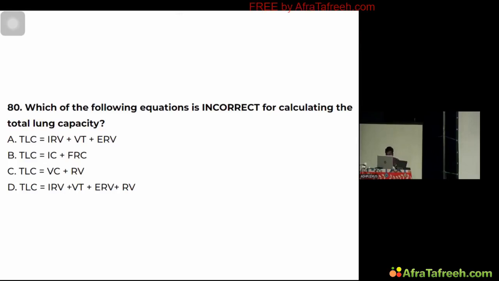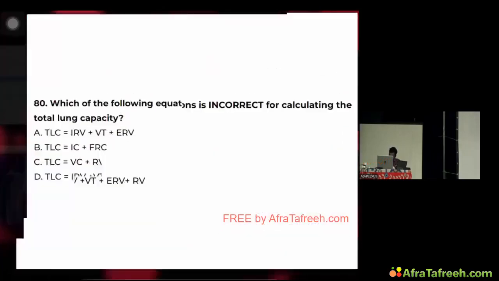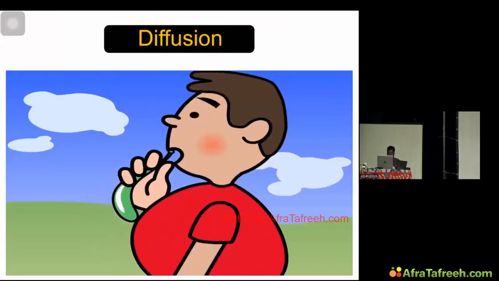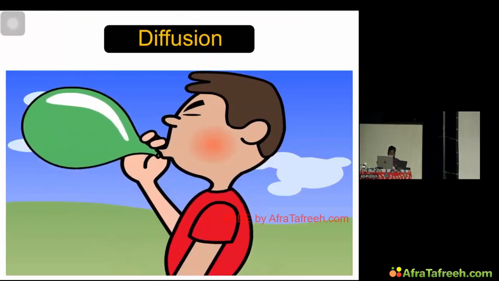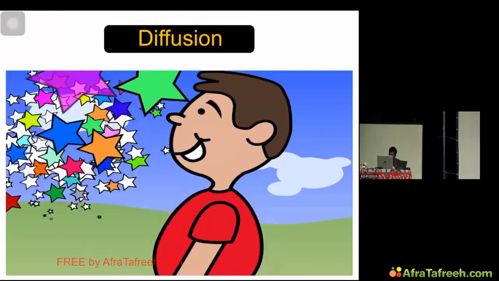After spirometry, we are going to come to the next important topic, which is diffusion capacity. Diffusion capacity is also called DLCO. So what is DLCO?